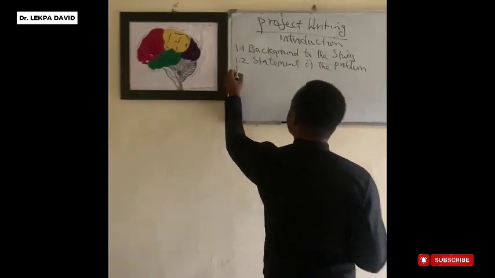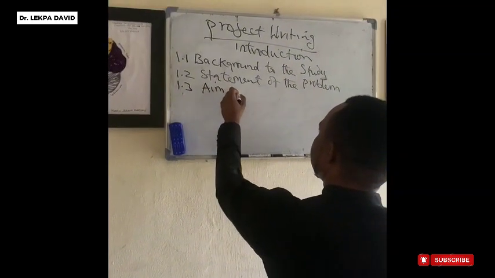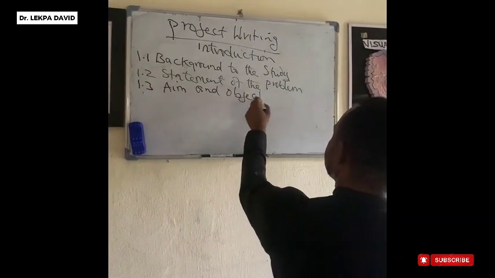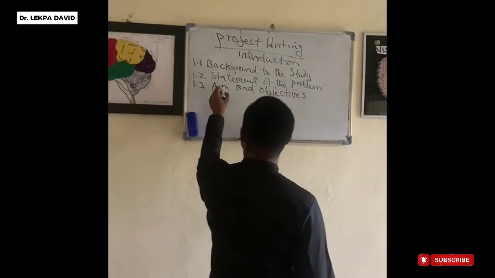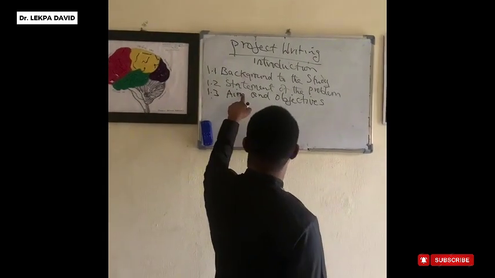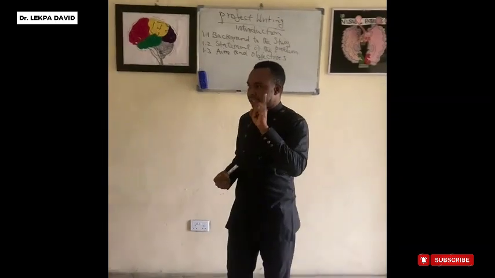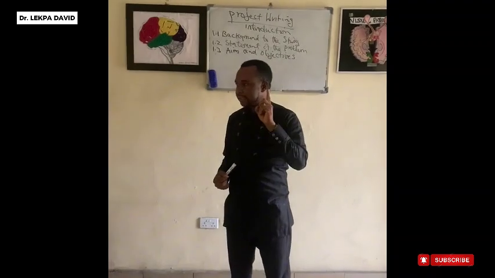Now after that, 1.3 should be aim and objectives. Remember I say aim, not aims, meaning it's just one. What is your number one aim? What is that main thing that you want to do? Just state it there.